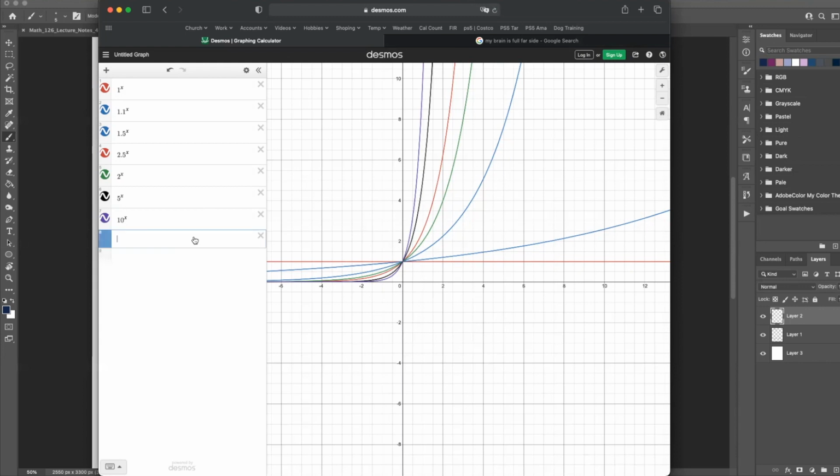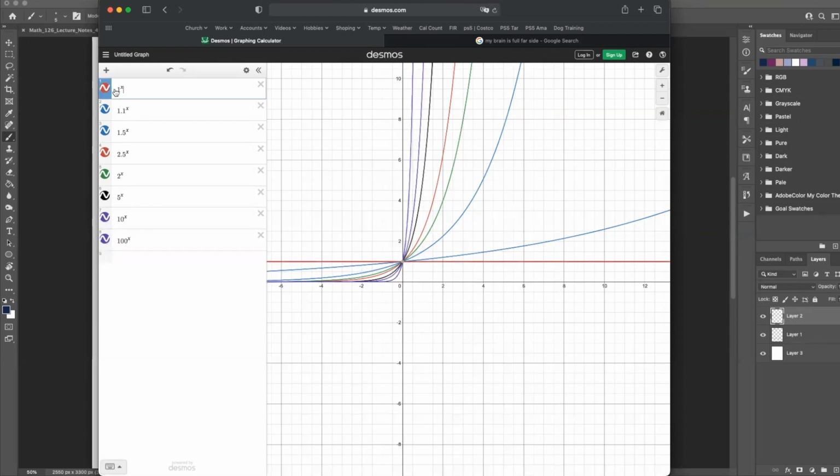And then just for fun, let's type in 100 to the x. Here's 100. And so as this number gets larger, it bends more and more upward, and here it bends more and more downward.